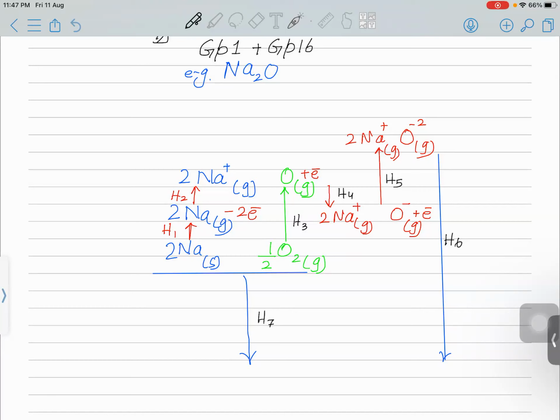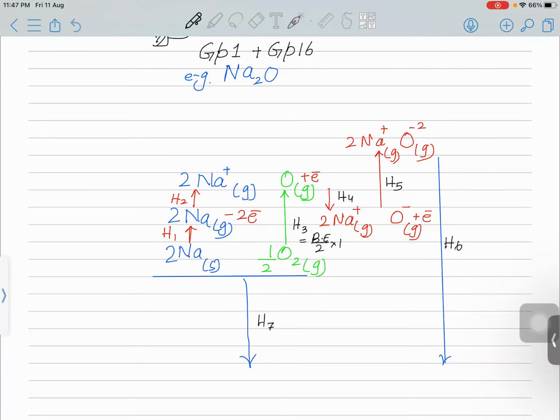Now, Alia, what would be the formula of H3? It will be the bond energy of oxygen divided by 2, times 1. Very good.